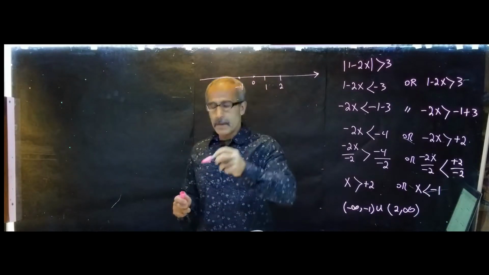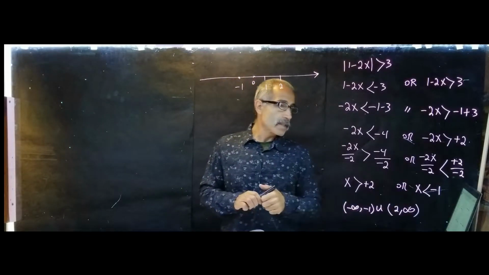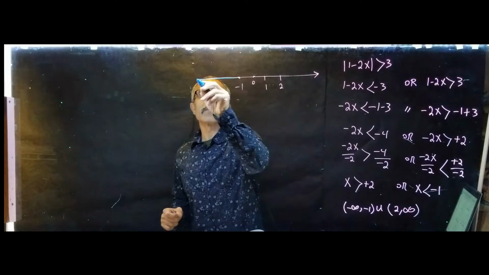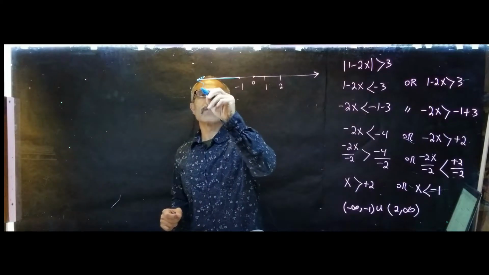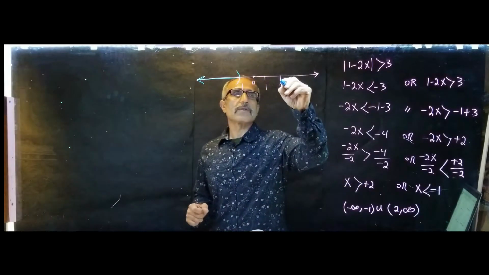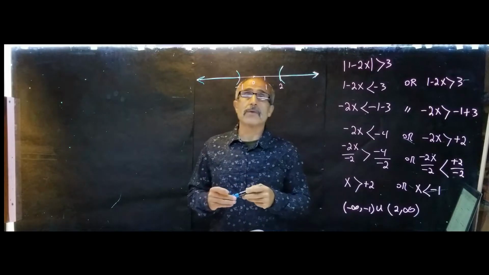Negative 1 is right here. And this one says x is negative 1 forever. It's going from here, so it's going to go forever, and it's going to be parentheses. This one says 2 and ever, so it's going to be 2 from here, and it's going forever like that, and that's how it's going to look.